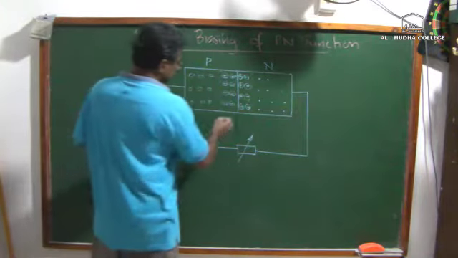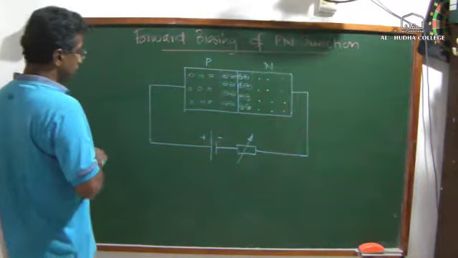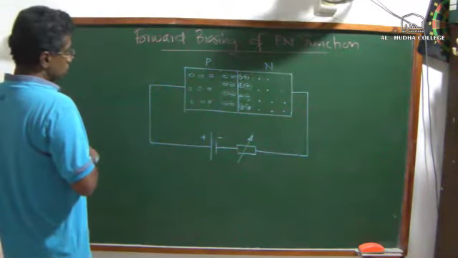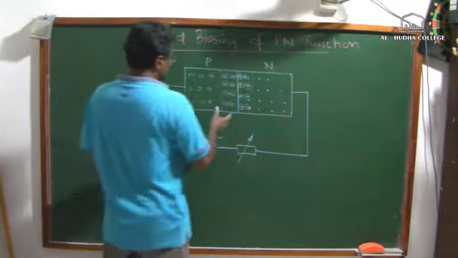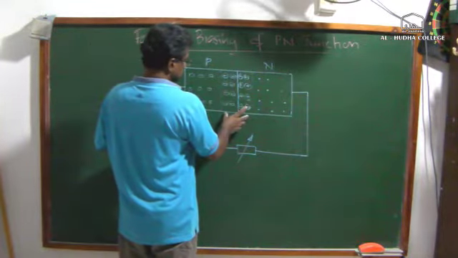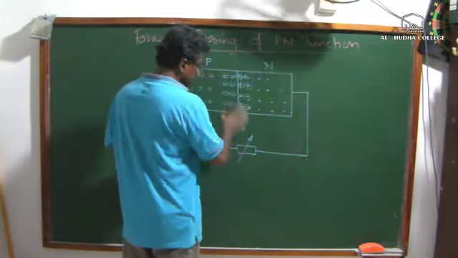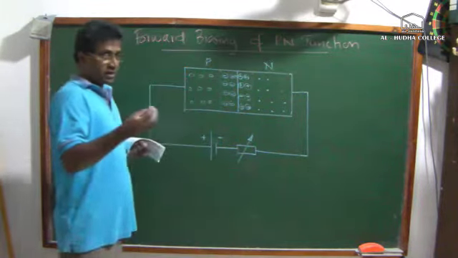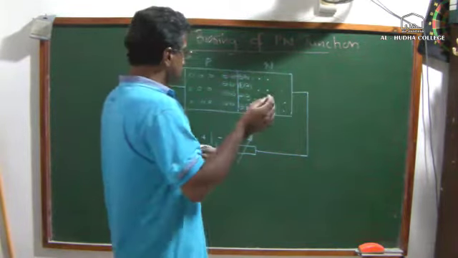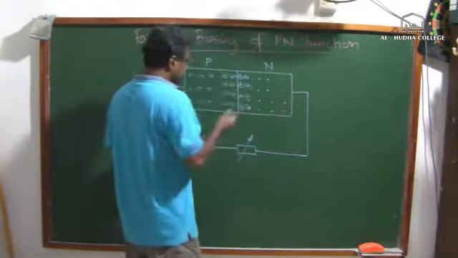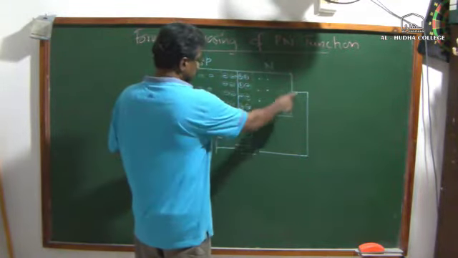Now what happens here when you connect n-type to the negative side and p-type to the positive side? Already this depletion region doesn't have any majority charge carriers, but you know that minority charge carriers can be present, right? But they are not significant. Now what happens when you connect the negative polarity here?